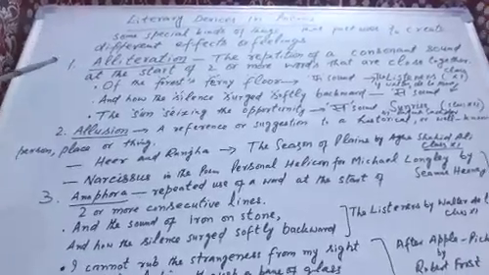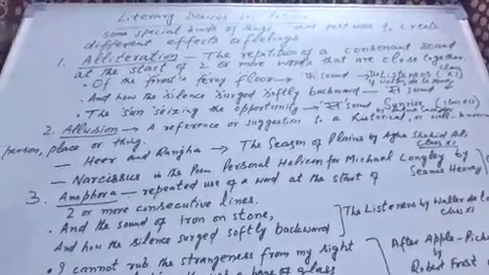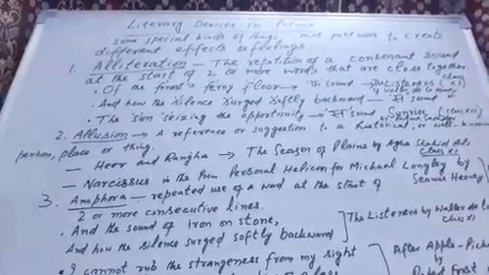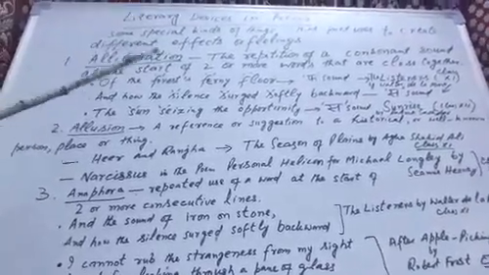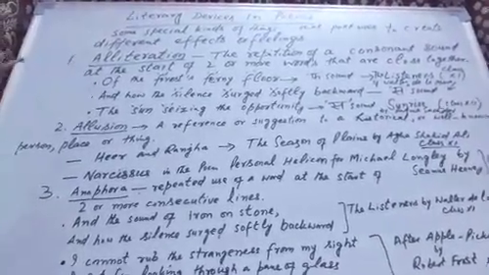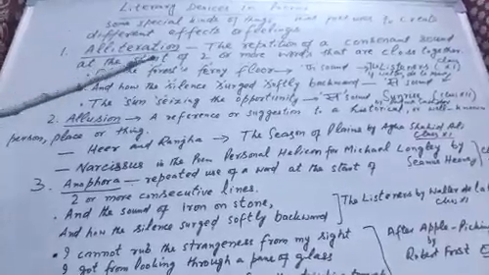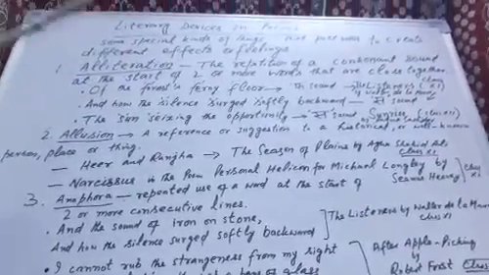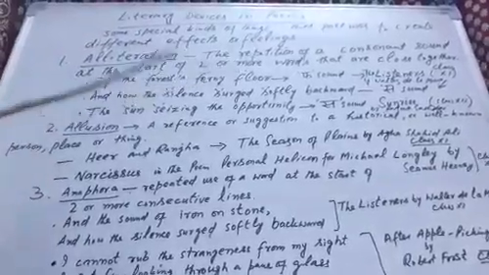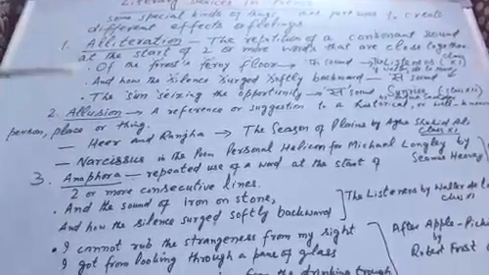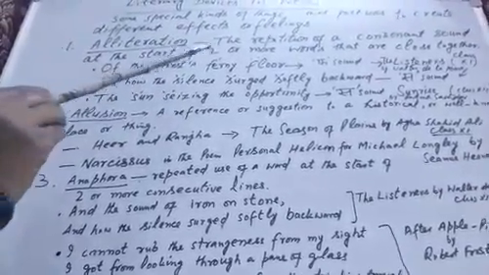The first literary device we are going to talk about is alliteration. Alliteration is the repetition of a consonant sound at the start of two or more words that are close together. Look at this example: "Of the forest's ferny floor."